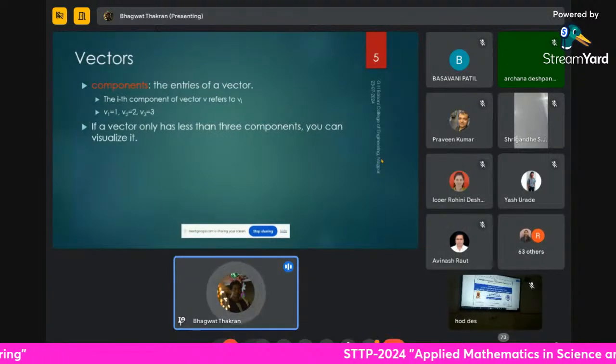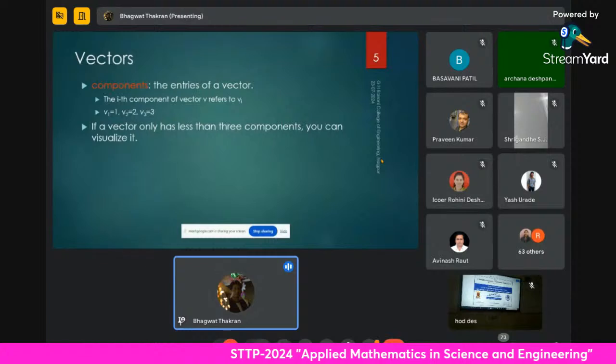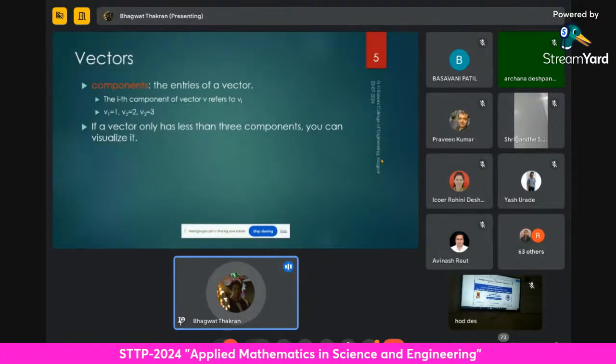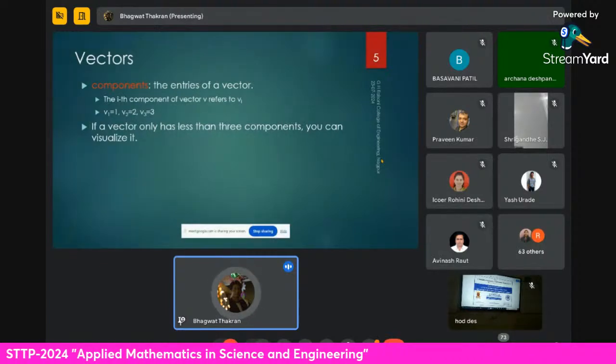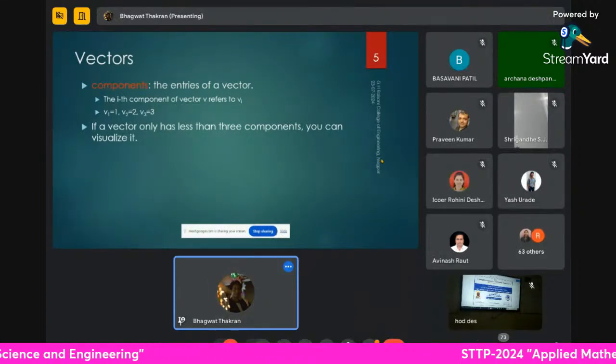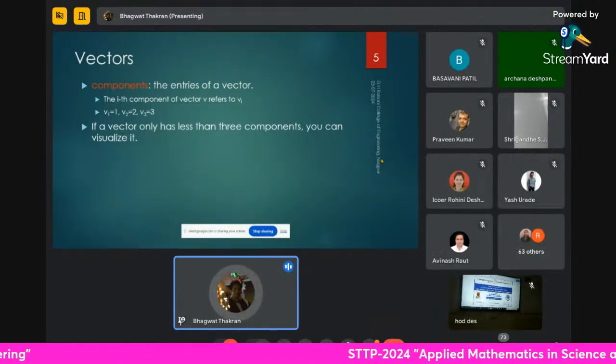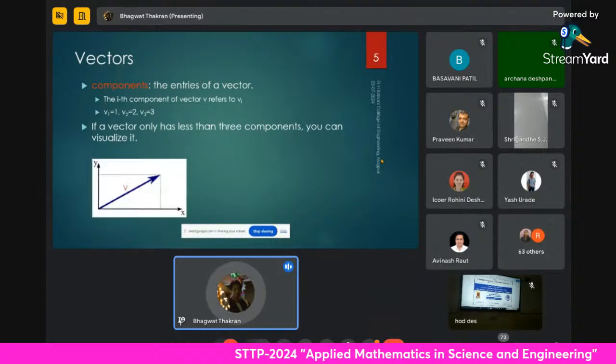Most commonly, a vector contains n elements, 5 elements, 6 elements. But if we reduce the components of a vector, then how can we visualize it?